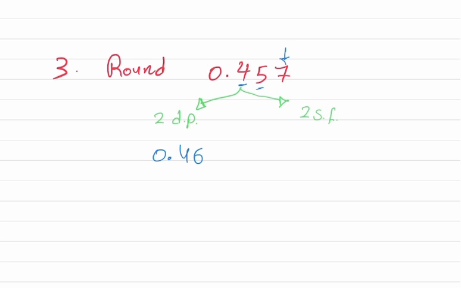I will look at the 7 also. And in this case, my answer is going to be 0.46. So in some cases, the answer of two decimal places is the same as the answer of rounding to two significant figures.